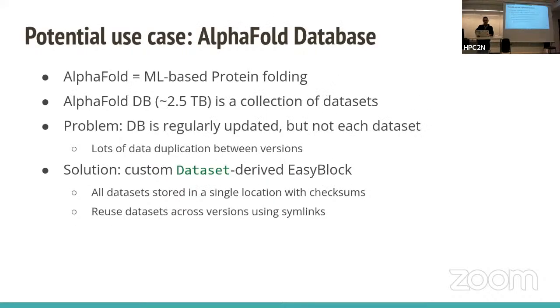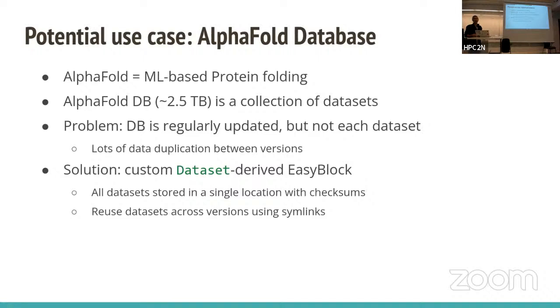Yeah, this is another potential use case for which I don't yet have a PR, which was the idea of Orca. So for AlphaFold, the problem is that this database is quite big. It's a few terabytes. And it's regularly updated, but not each data set is updated every time.